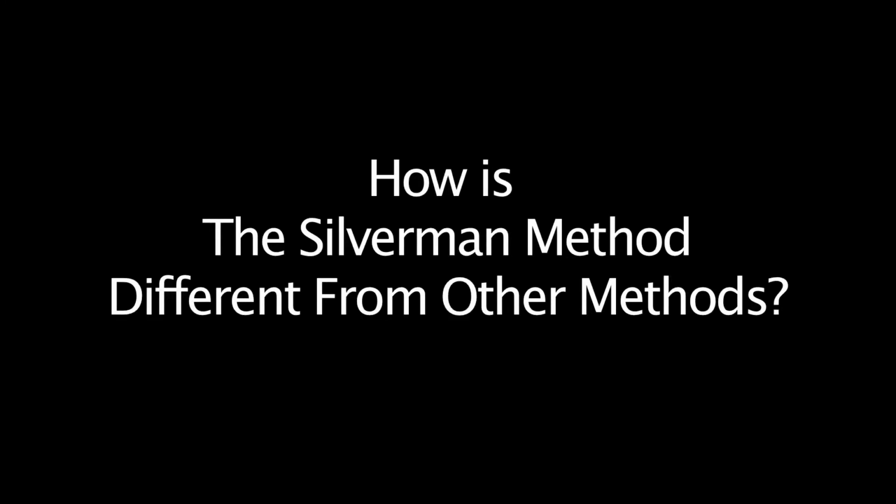How is the Silverman method different from other methods that are available to women today? The Silverman method is unique and different from all other methods available to patients. Number one, it combines the G-SMART method, which will selectively increase sperm of the chosen sex.